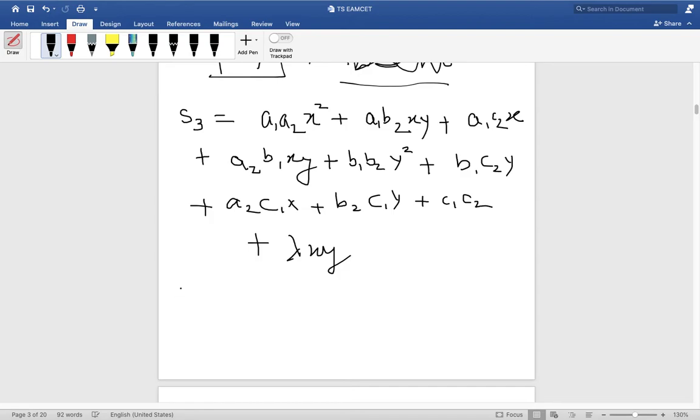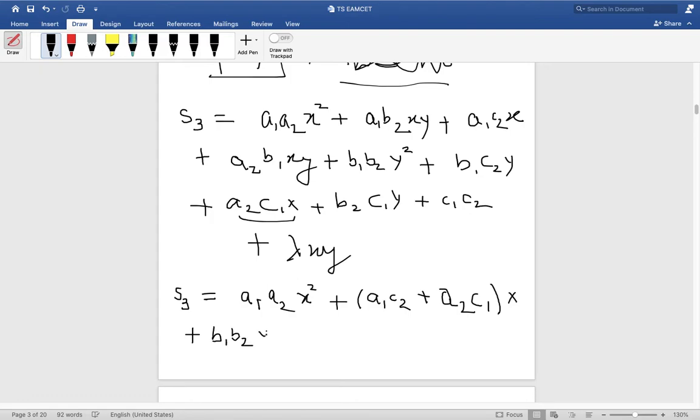So let us try to reorganize this. S3 is equal to a1 a2 x square plus, let us put x terms here, a1 c2 x plus, where's the other x term here, a2 c1 x. Now let us put the y terms here. So b1 b2 y square, what will be the y terms?